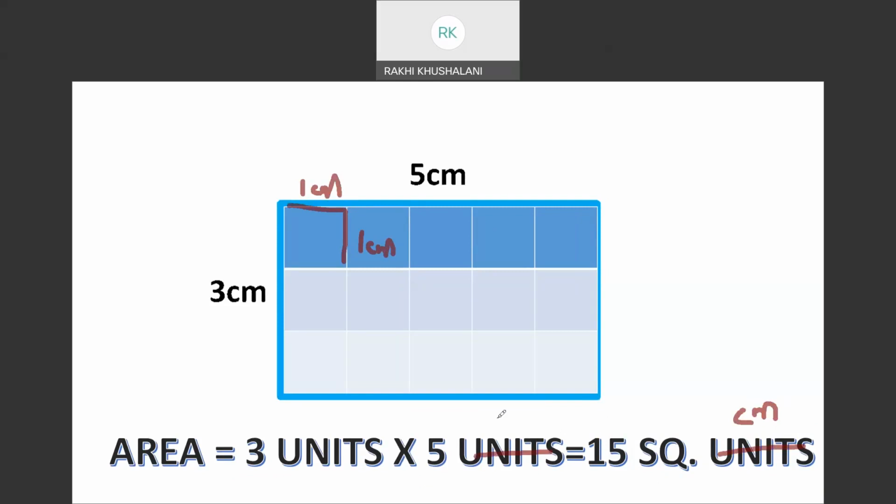This would have been 5 centimeter and 3 centimeter. These are also squares. Okay, for the examples we took just units. We are not specifying millimeters, centimeters or meters. So I hope, children, this part is clear with you.